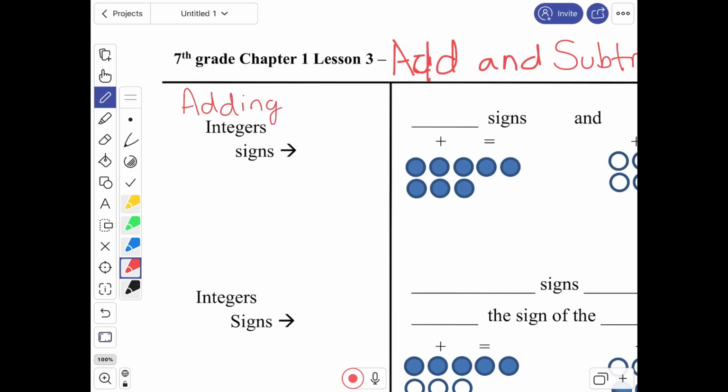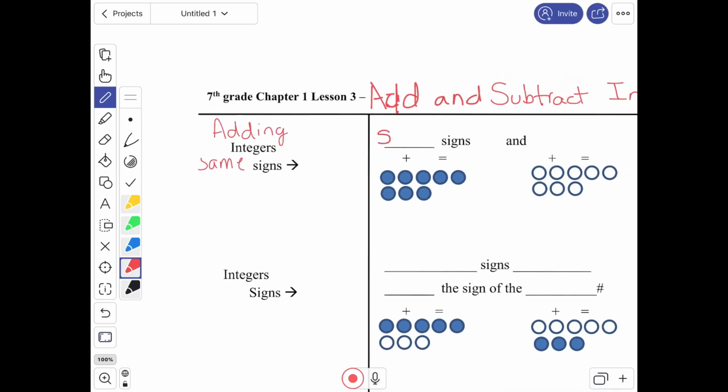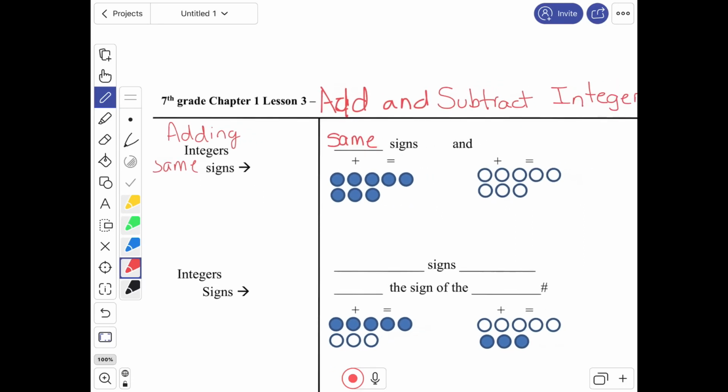For adding integers with the same sign: same signs, add and keep. So as long as they both have the same sign, we just add them.